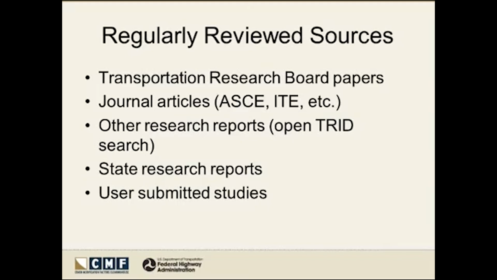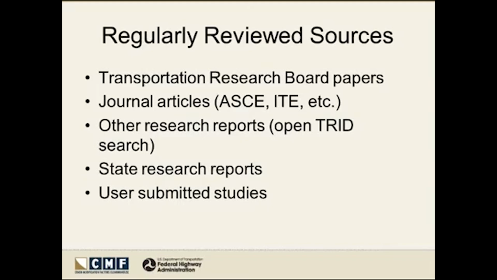And so I've listed some of our main sources there. Every year after the TRB Transportation Research Board annual meeting, we get those papers that were submitted and presented at that meeting and go through those and find the ones that are eligible and have CMFs we could use. We do regular searches of professional journals, the ASCE, ITE journals, as well as several others, Accident Analysis and Prevention, Journal of Safety Research, there's a few other ones we go through on a regular basis to see what might be published in there.